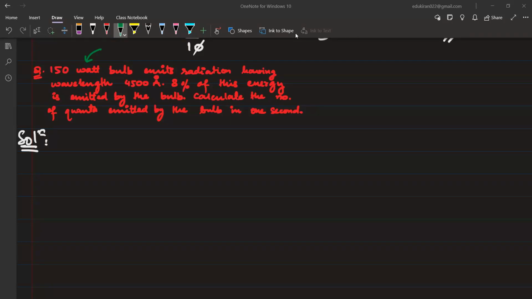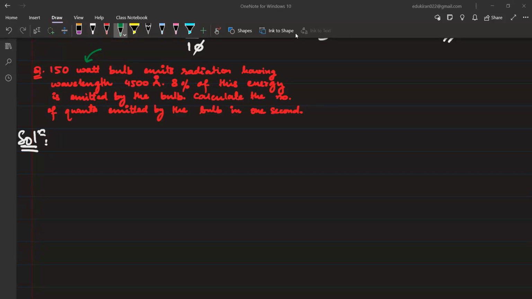For example, you must have studied in current electricity: volt is the unit for potential difference, ampere is the unit for current. Watt is the unit for? Yes, Ilham? Electric power. Very good, correct.